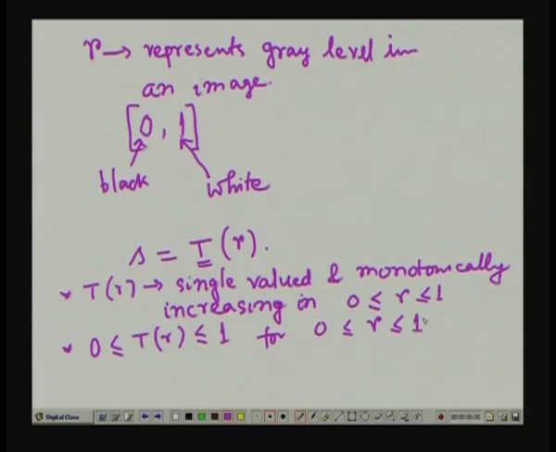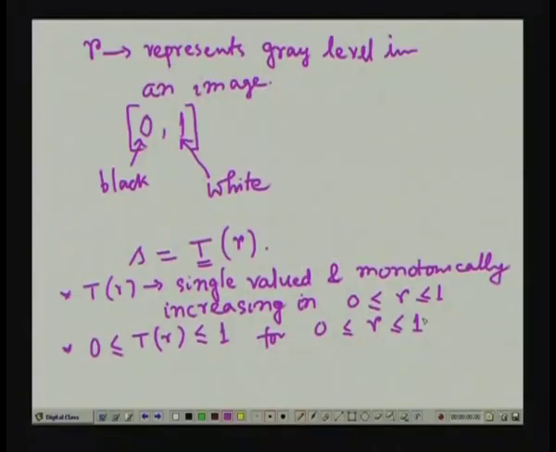Now, the first condition is very important because it maintains the order of the gray levels in the processed image. That is, a pixel which is dark in the original image should remain darker in the processed image. A pixel which is brighter in the original image should remain brighter in the processed image.